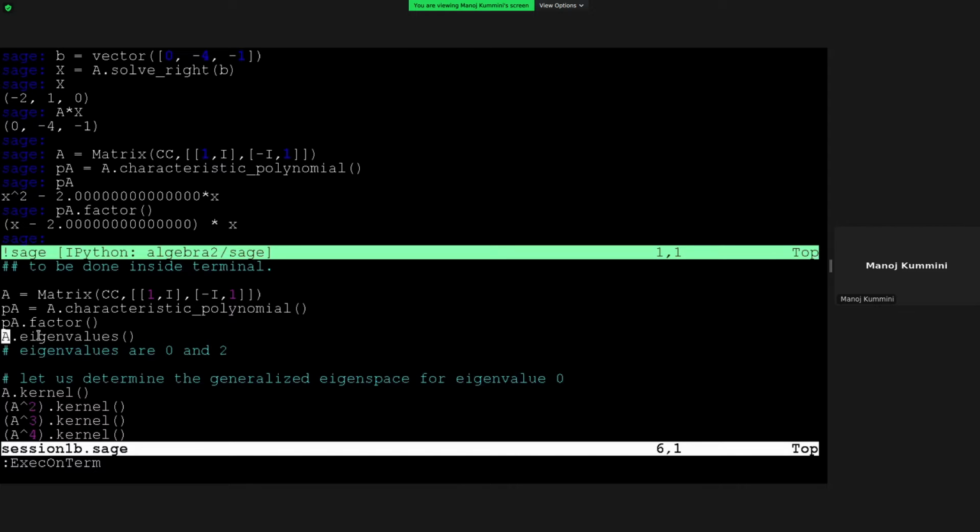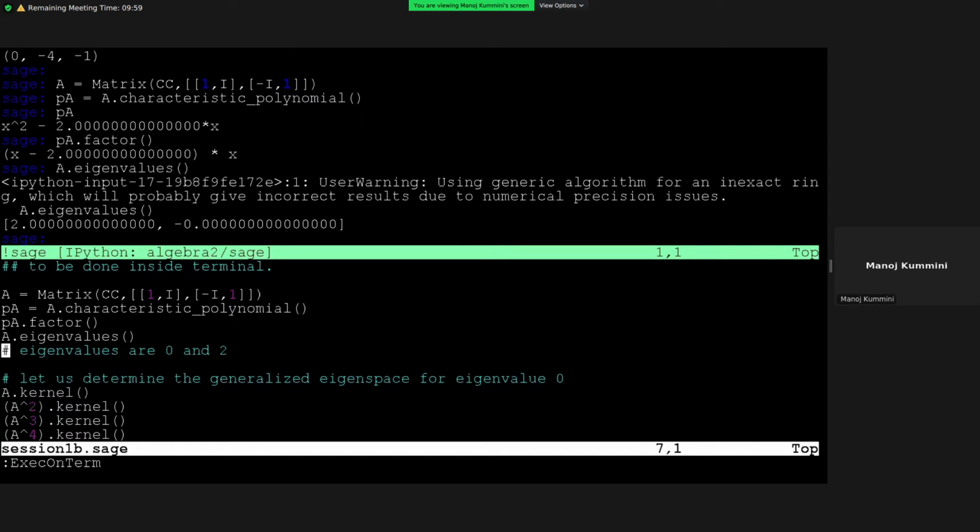So this is a factor, and independently we can ask for its eigenvalues. Then Python gives a warning, which says it is using a generic algorithm for an inexact ring. Computations in reals and complexes are inexact, as opposed to rationals or finite fields, so there will be some issues related to numerical precision.